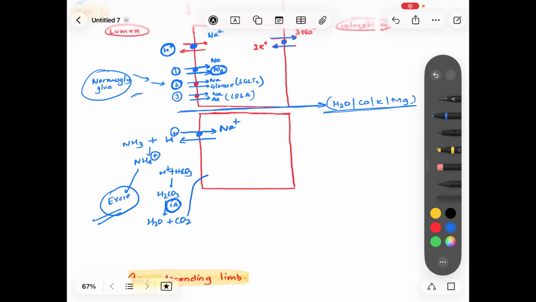This CO2 moves inside the cell, which again combines with water to form H2CO3. Again H2CO3 dissociates into H+ and HCO3. This H+ moves out with the symporter. So if there is a defect in this antiporter, we will lose bicarbonate. This will lead to metabolic acidosis. We won't be able to absorb bicarbonate.